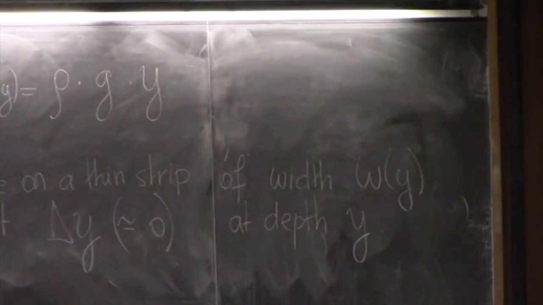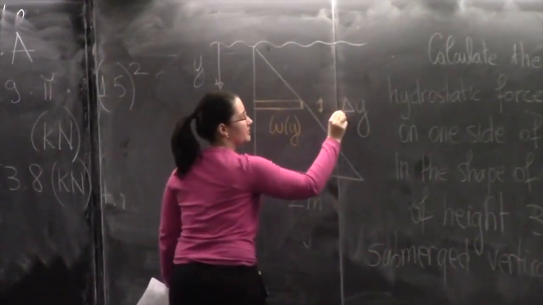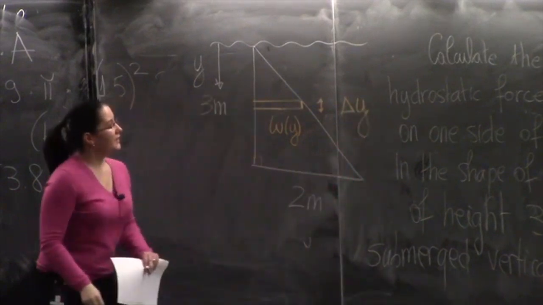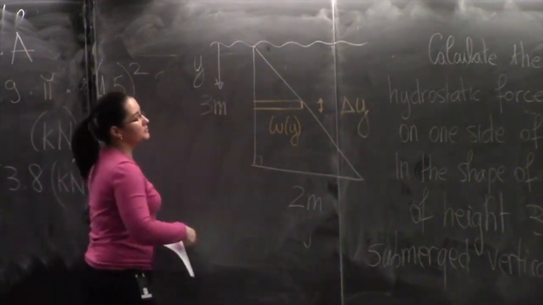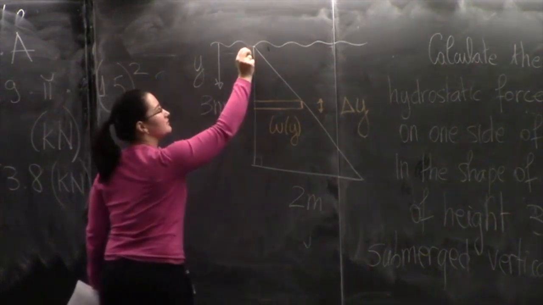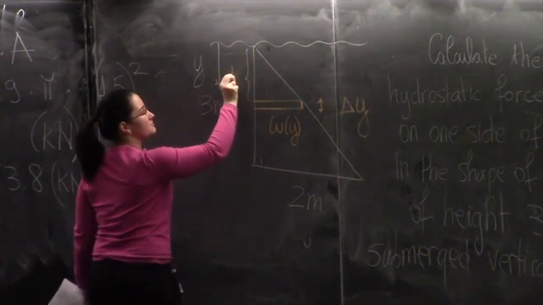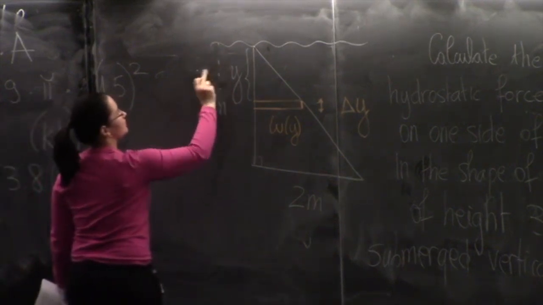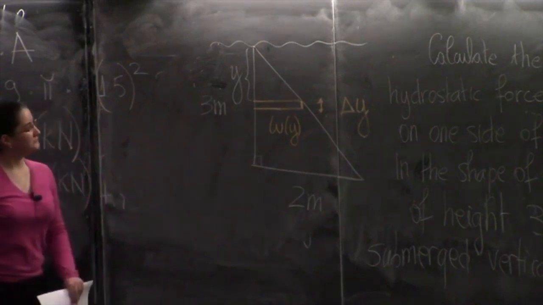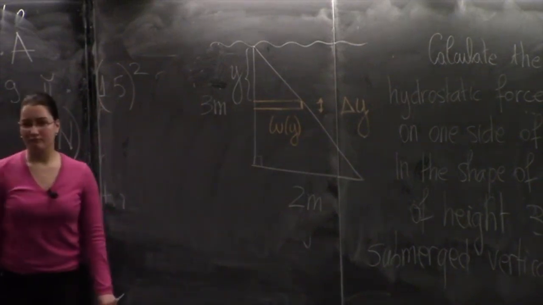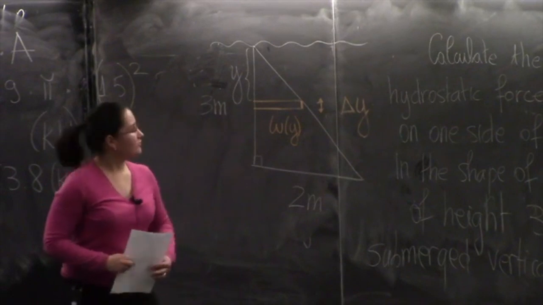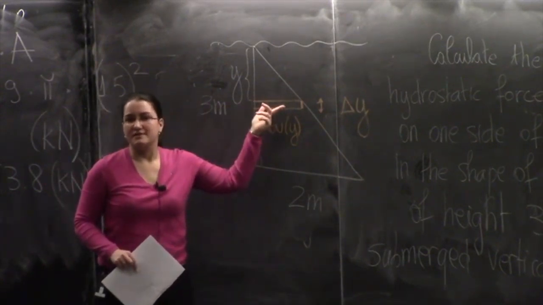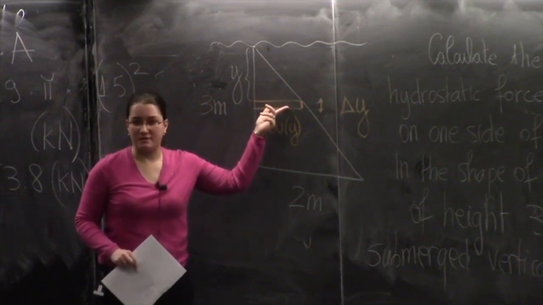The height over here is delta y. Okay, so now the assumption on the strip is that all points sit roughly at the same depth from the surface.